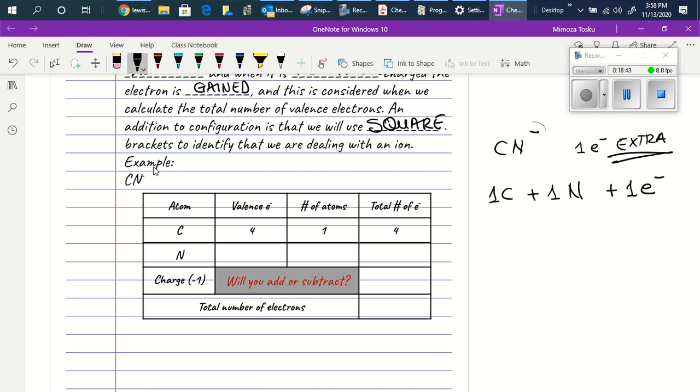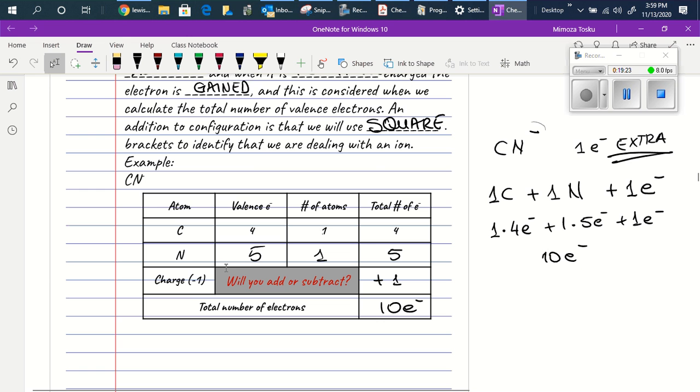Nitrogen, being in the 15th group of the periodic table, has 5 valence electrons. And now the charge is -1, which means that we will add 1. So 1 times 4 electrons plus 1 times 5 electrons plus 1 electron as the result of the charge equals 10 electrons.